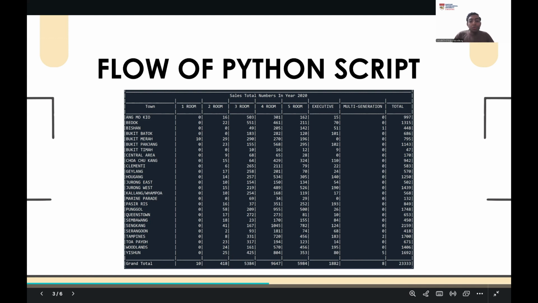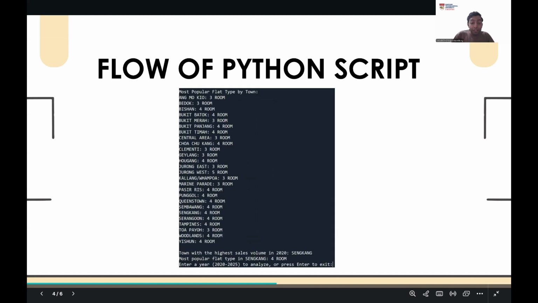Moving on to the next step of identifying the most popular flat type, I made use of the get most popular flat function to extract the popular flat type by each township. You can see that the 4-room is the most popular flat type in Sengkang, followed by the rest of the individual places you can see on the screen.